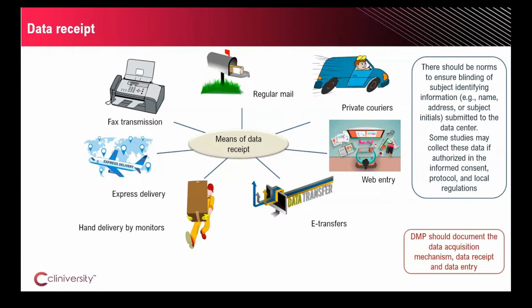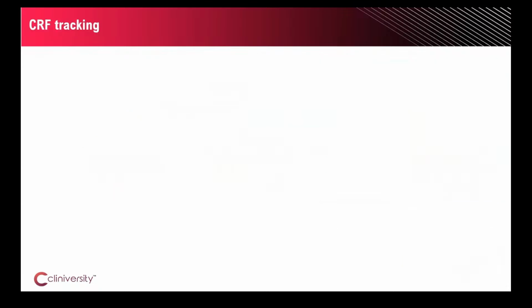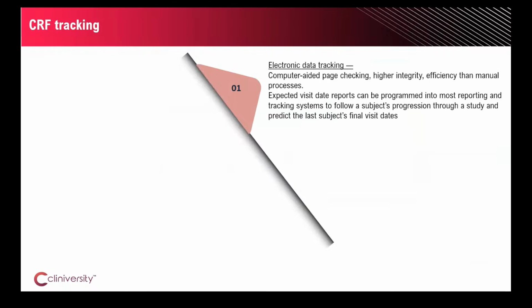If the CRFs are missing, then CRF missing reports should also be prepared for both paper and EDC-based studies to facilitate identifying forms that have not been received. Now, CRFs can be tracked by some of the means. The first one is the electronic data capture, computer-aided page checking, which results in a much higher integrity and efficiency than the manual process.